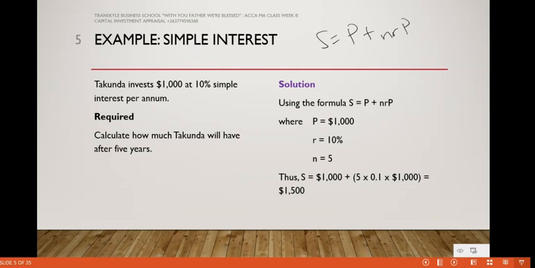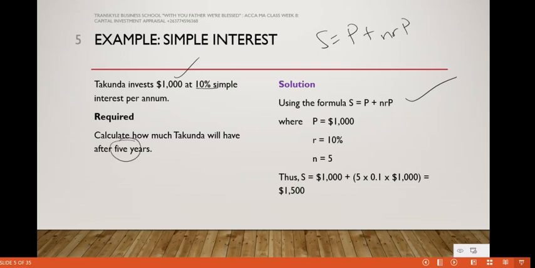Okay, S is equal to P plus NRP, and as you can see, this is written here. So P is equal to 1,000 because this is the amount that has been invested, and R is equal to 10%, which is the rate, and then N is the 5 years.